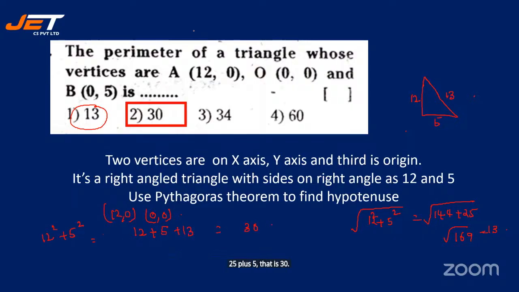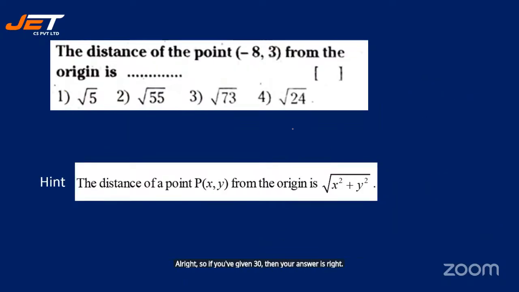All right. If this would have been just the hypotenuse, then our answer 13 is right. But the question is perimeter, so we have to add all the sides. If you've given 30, then your answer is right. All right. Now let's move on to the next question.